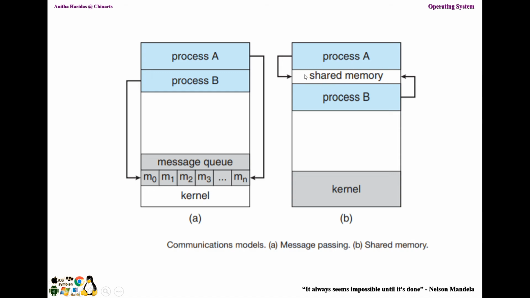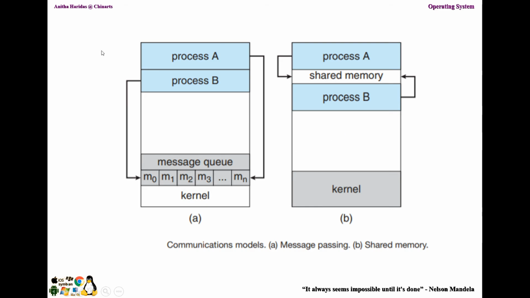So what I do, I will load this file into this shared memory region. Both process A and process B can read that file from this particular region. This is what you call as shared memory, right? Or process A can write something into the file which is stored in the shared memory, and process B at the same time can read the data from the file which is stored in the shared memory. You call it as shared memory model.